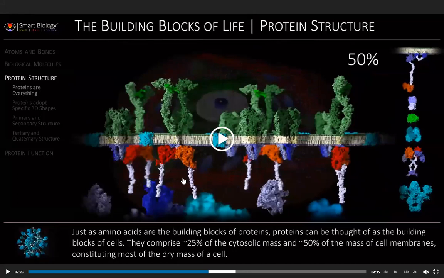So here we can see that there are some proteins, and if you notice carefully when I start the video again, there are some proteins that completely traverse the membrane. So you have one domain on the inside of the membrane, one domain on the outside of the membrane, right? So these are called transmembrane proteins. And then there are some proteins which are just associated with the membrane.